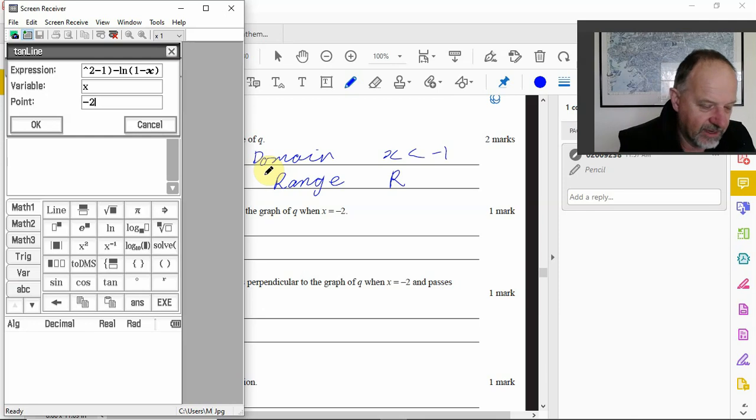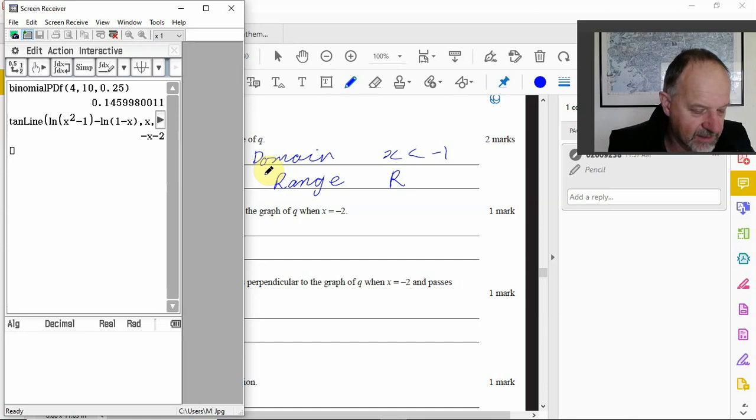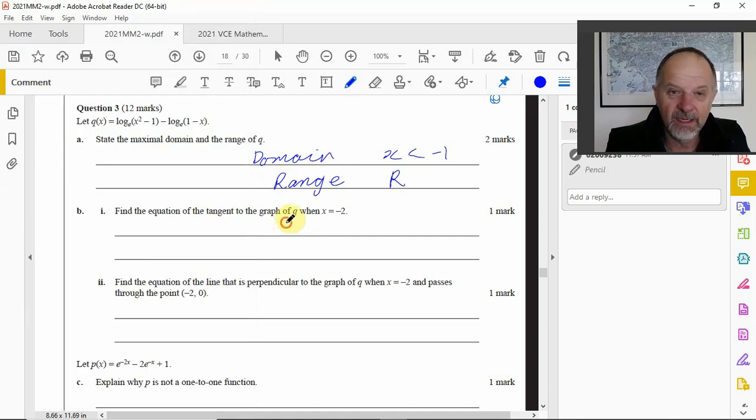Then we will go OK, and so there it is. We've got it up here, so the equation is y equals negative x minus 2.